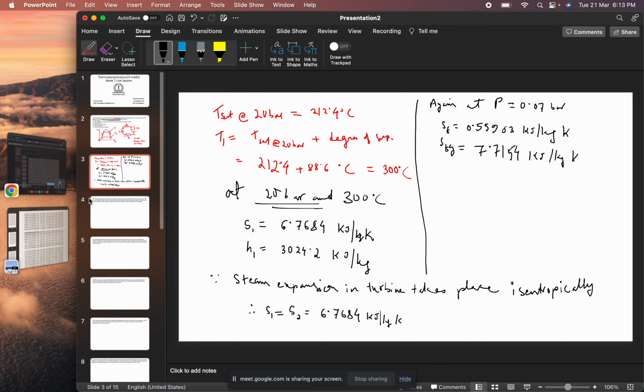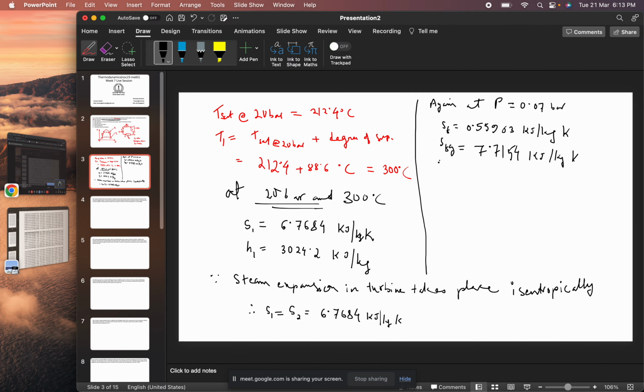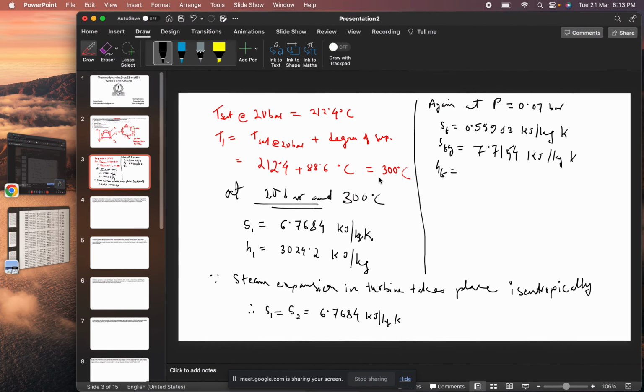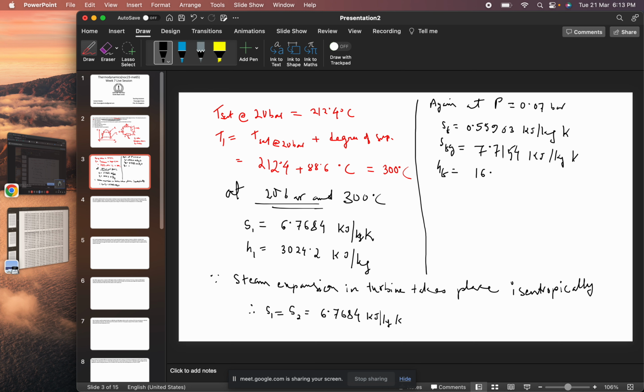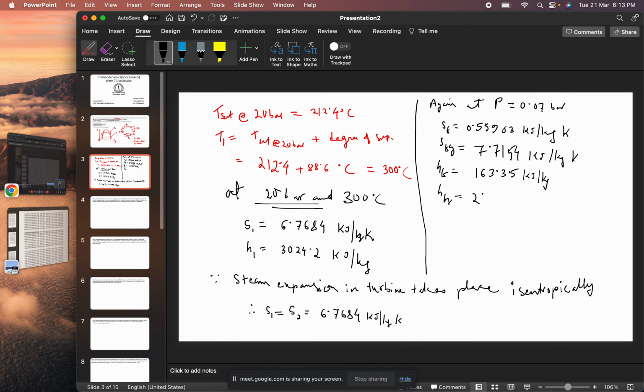Okay, then my HF is 163.35 kilojoule per kg, and my HFG is 2408.4 kilojoule per kg.